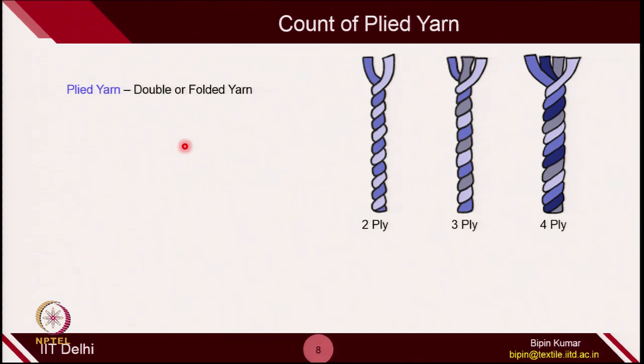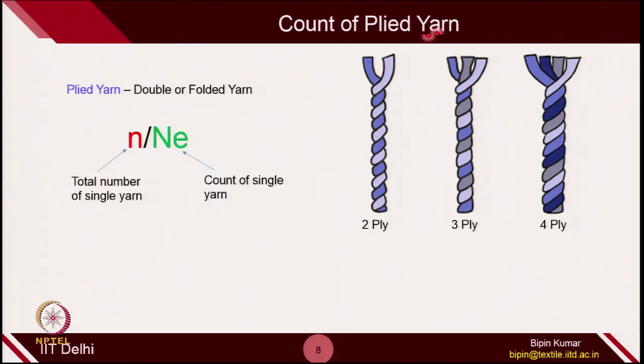So, when you take 2 yarns and twist them together, you can generate 2 ply, 3 ply and 4 ply depending on how many yarns you are twisting. Plied yarn is denoted this way. The first number represents how many yarns you are twisting, and the second number represents the count of the single yarn.